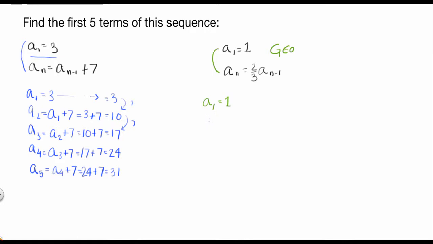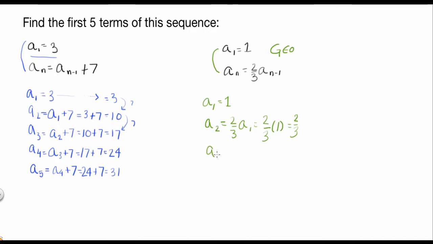Okay, what is A2? Well, according to our formula there, it's 2/3 of A of 2 minus 1, which is 2/3 of A1. A1 is just 1. So that's just 2/3 times 1. That's just 2/3.